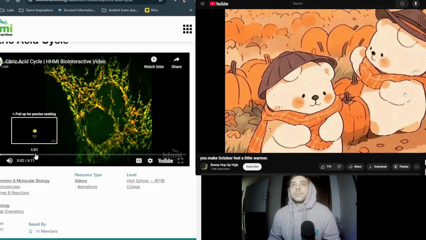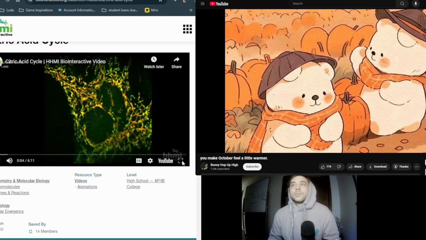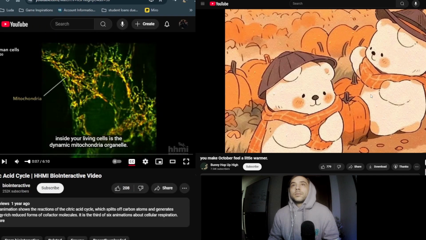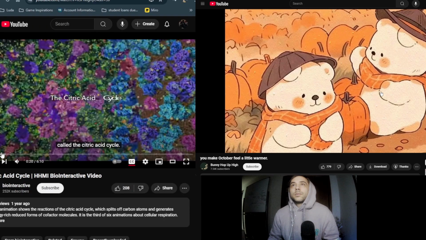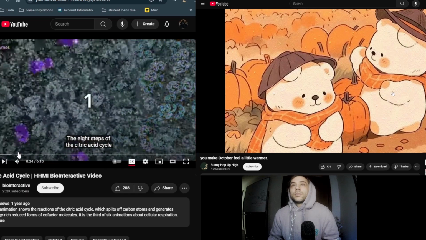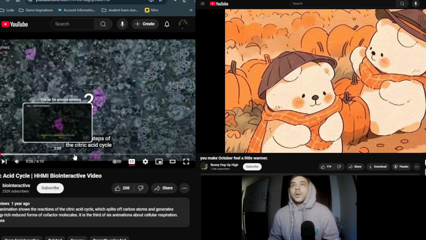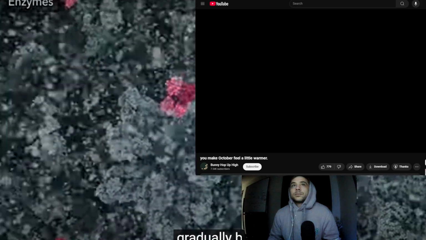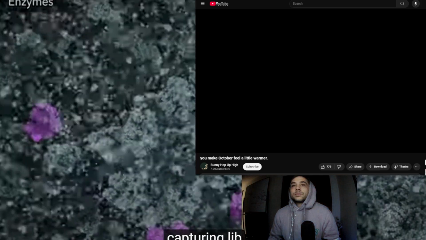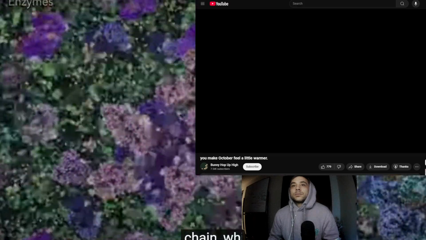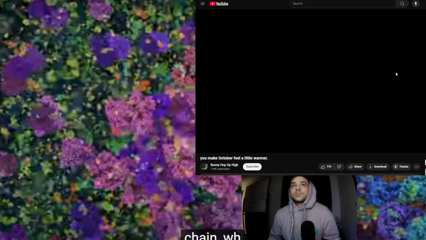The origin of energy production and biosynthesis inside your living cells is the dynamic called the citric acid cycle. The 8 steps of the citric acid cycle gradually break apart 2 carbon atoms from glycolysis, capturing liberated electrons for the electron transport chain, while generating carbon dioxide as waste.